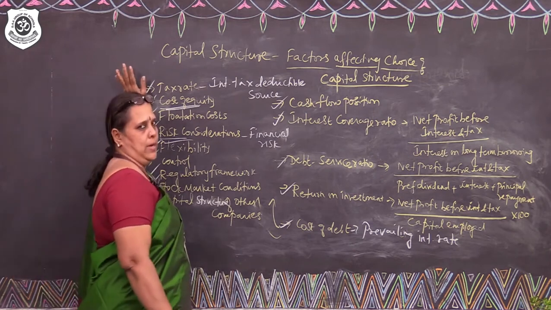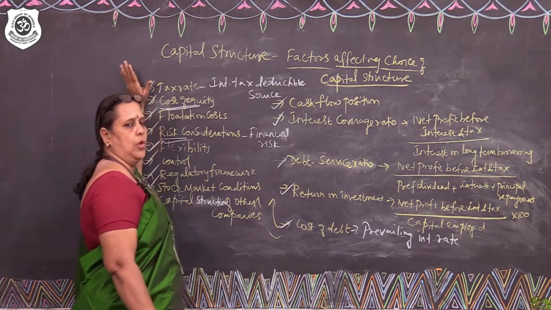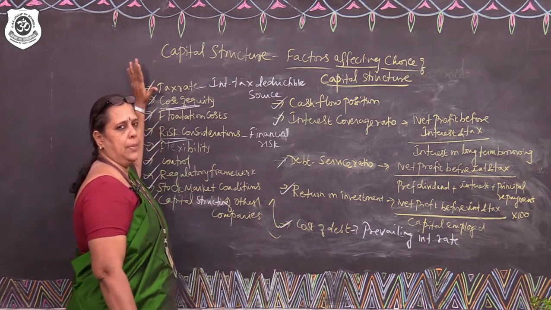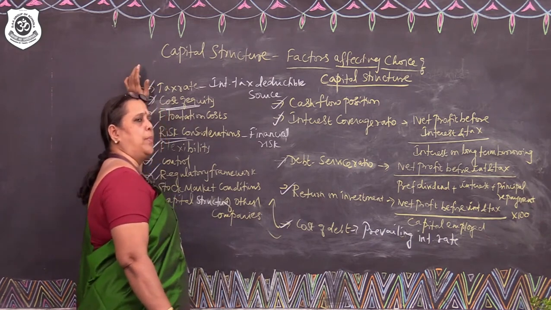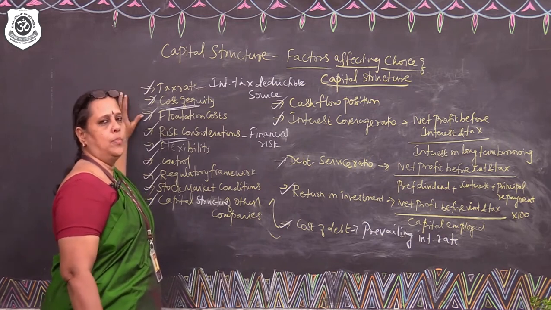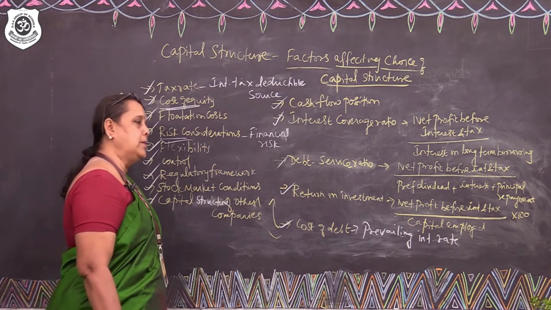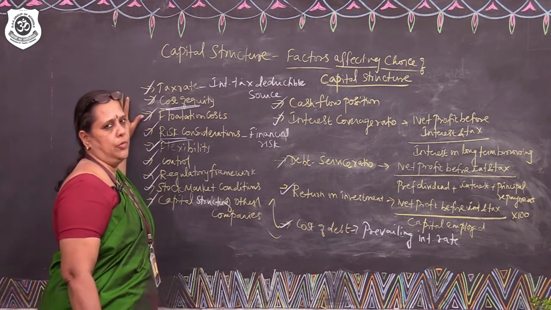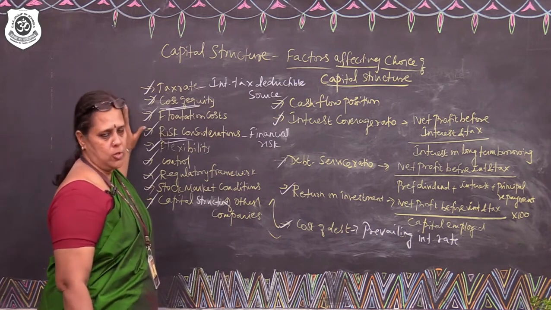To recollect what we discussed so far, capital structure is the composition of long-term securities in the capital employed of the company. The manager has to decide about the proportion between debt and equity. To decide about the composition of securities, he has to take into consideration various factors to decide about the choice of capital structure. Now, in that we discussed cash flow position.